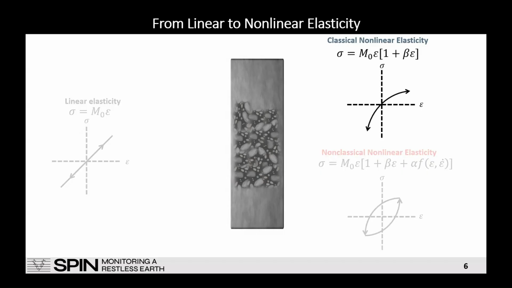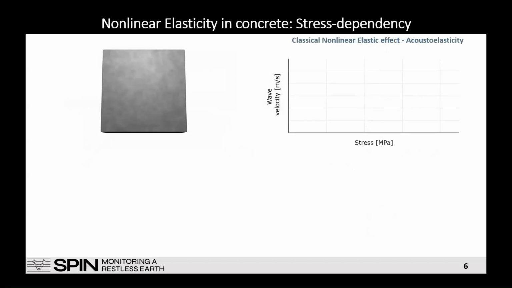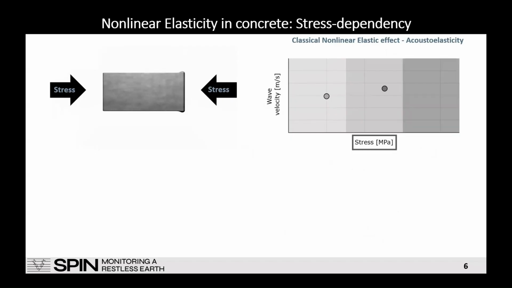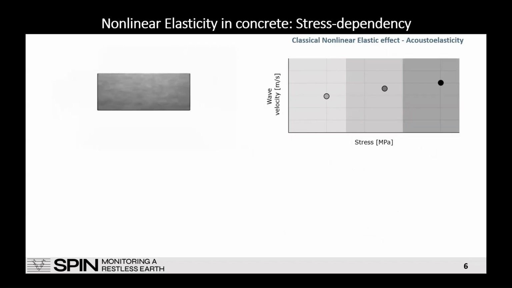One classical example that we can consider to observe this stress dependency is that when we compress the material in very specific situations, we can observe that indeed the velocity of wave propagation tends to increase. And this increment as a function of stress is also referred to as the acoustoelastic effect.